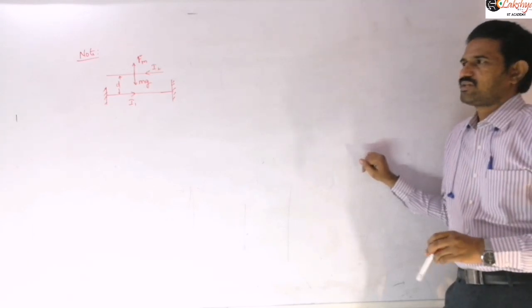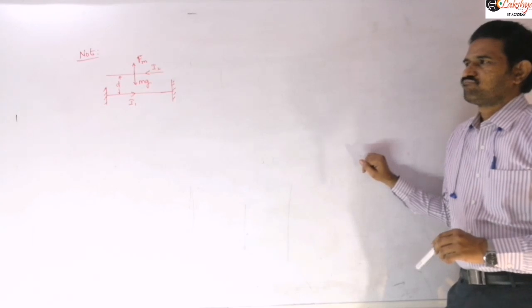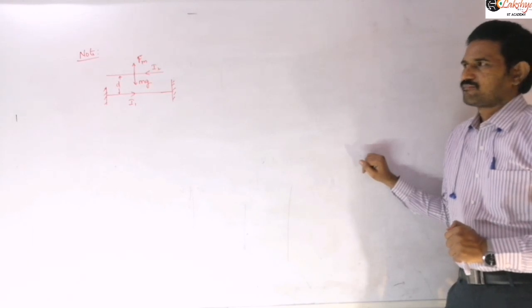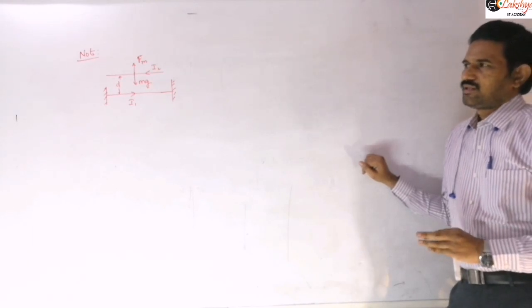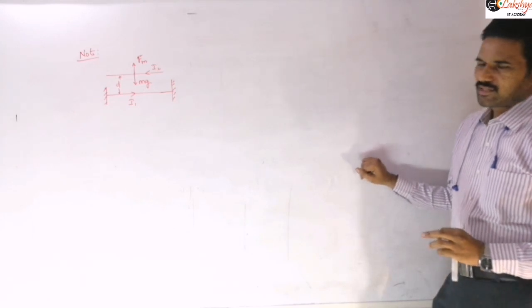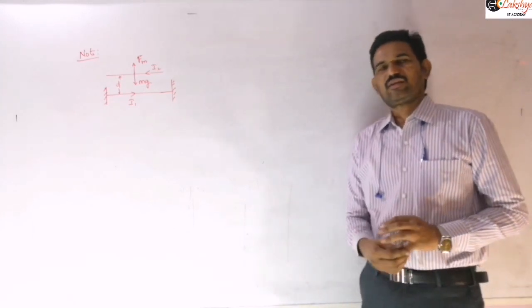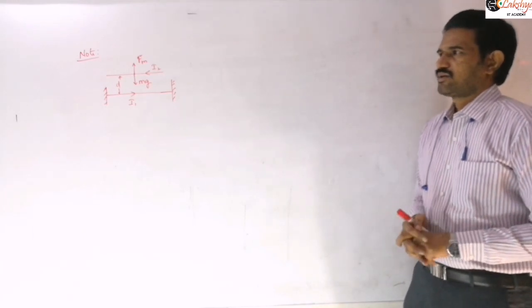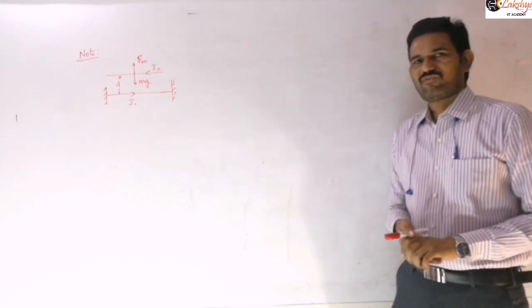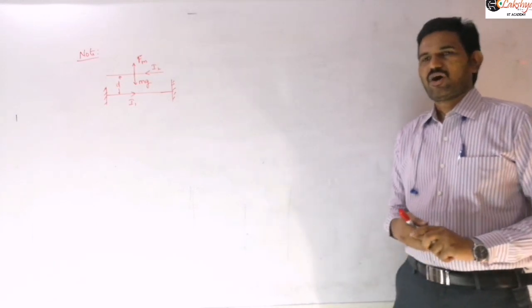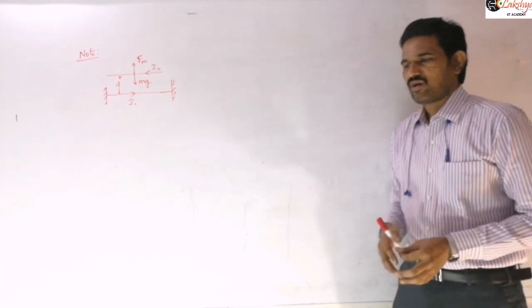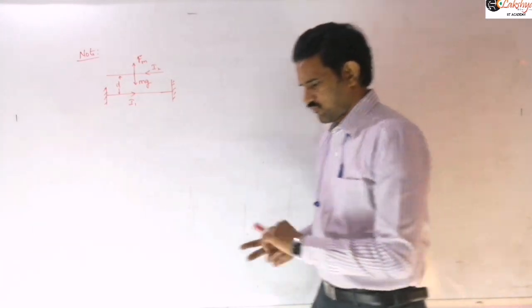It remains suspended in equilibrium at separation D. Then the current in that conductor must be opposite to that of I1, and its value can be obtained by using the following equation.